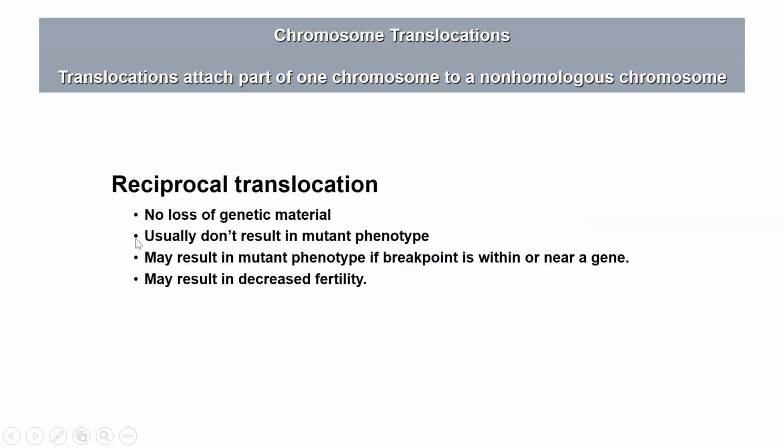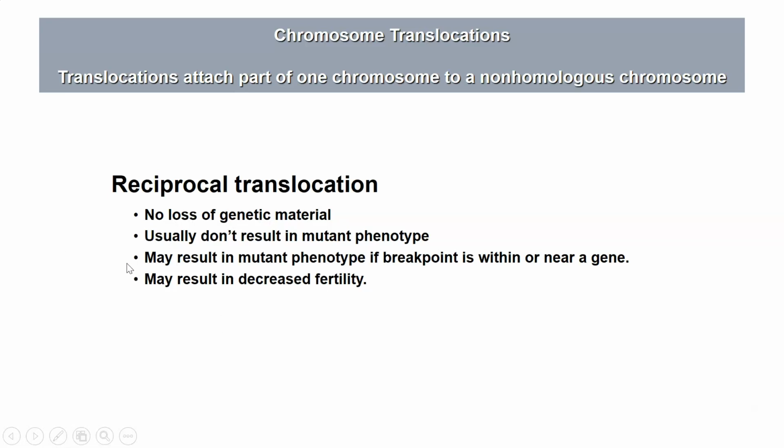For translocations, there are what are called reciprocal translocations. These are swapping of material between two non-homologous chromosomes. For a reciprocal translocation, there is no loss of genetic material. And similar to inversions, there would typically not be a mutant phenotype.